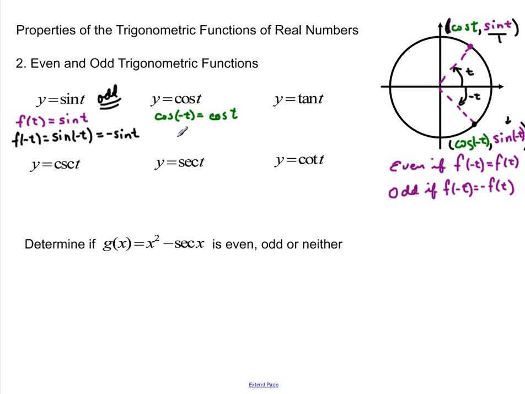And what that indicates to us is that our cosine function has to be even. Now, we could go through and take ratios of these things, but it might be helpful for us to come back and talk about this. For right now, I could tell you that sine of t and cosine of t, odd versus even right here.